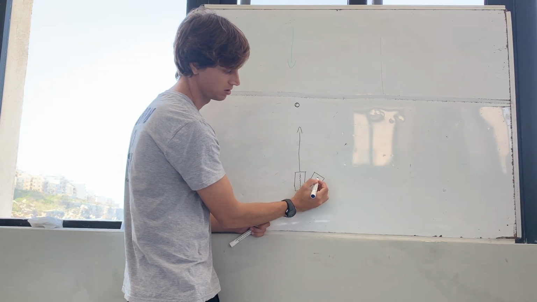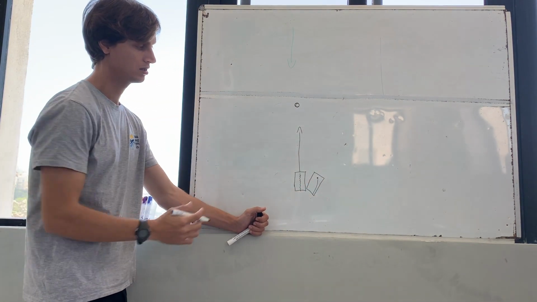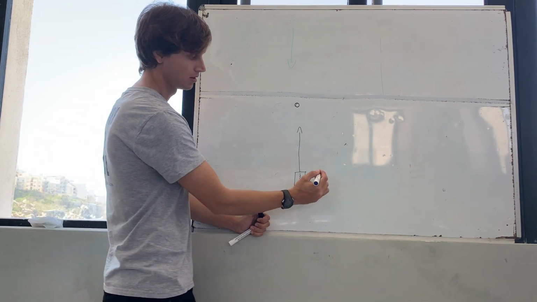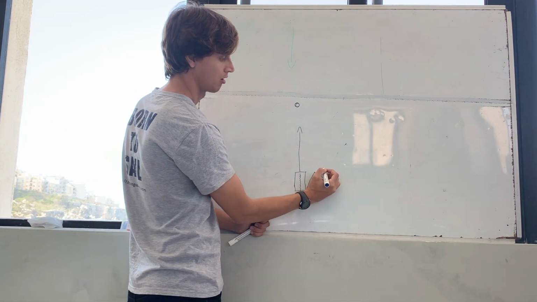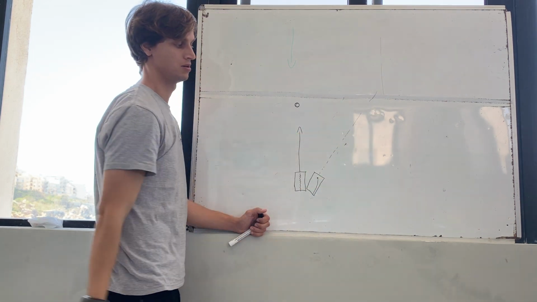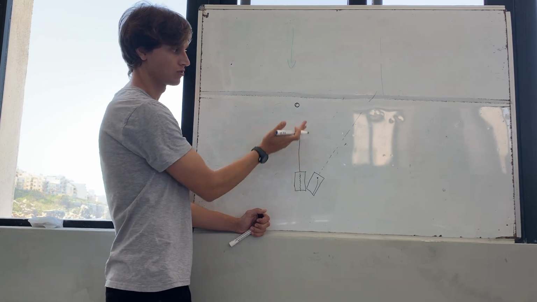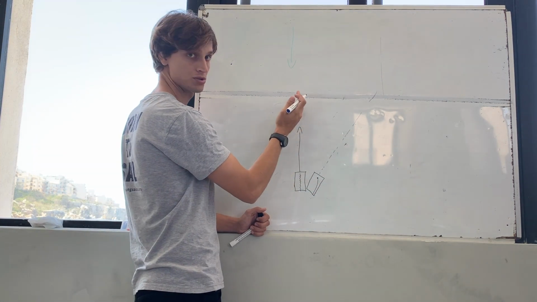Now your sail will be something like that, and you can see your sail is full. Now you are moving in this direction. Can you see that you're approaching the mark a bit? With time, you're getting closer to the mark.